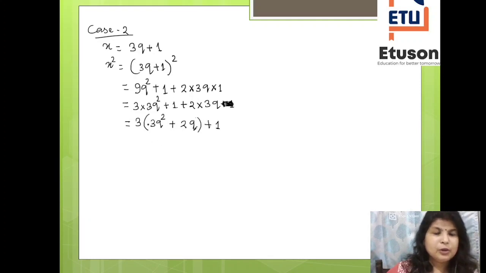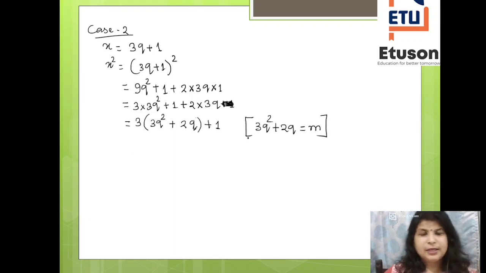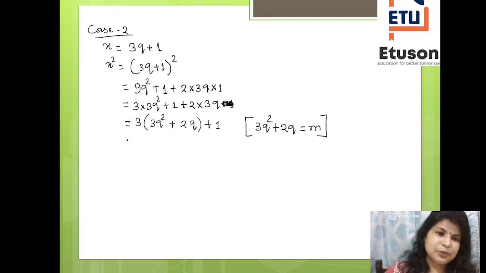So now 3 is multiplied to this. Can I write 3q square plus 2q is equal to m? Okay, because q is an integer, 3q square plus 2q is also an integer. So we can replace this value with m and your answer will be 3m plus 1.